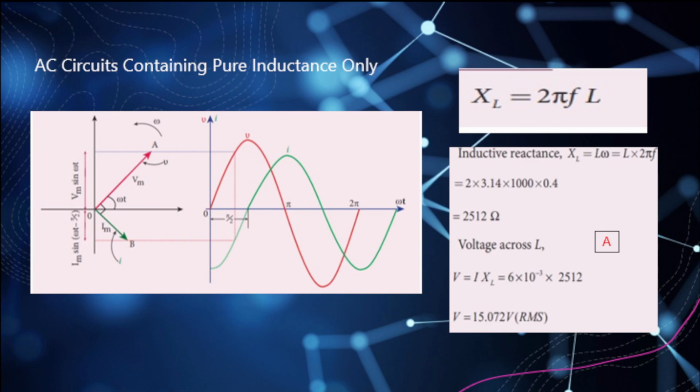Now, let's say we have a 400 microhenry coil connected to an AC circuit in which an effective current of 6 milliamps is flowing. We can find out the voltage across the coil if the frequency is 1000 hertz using the formula found here over in A. So we have our inductive reactance, and here's our formula.